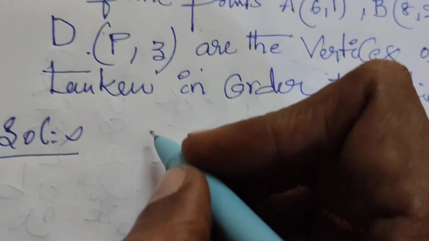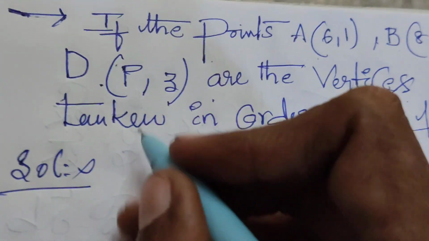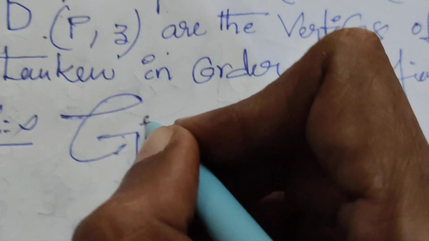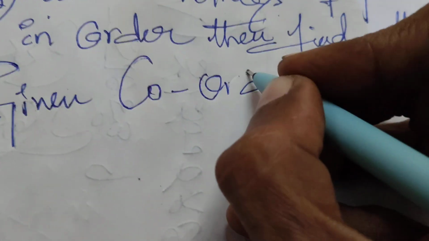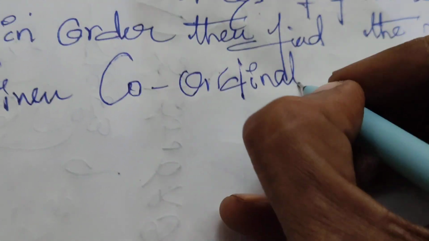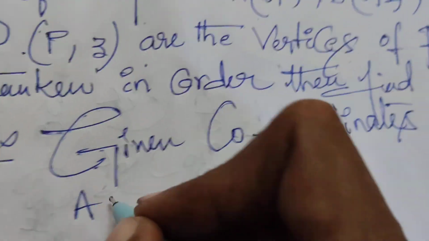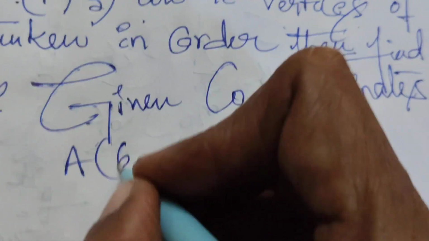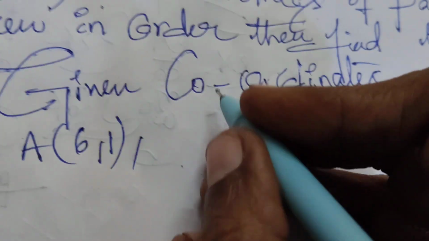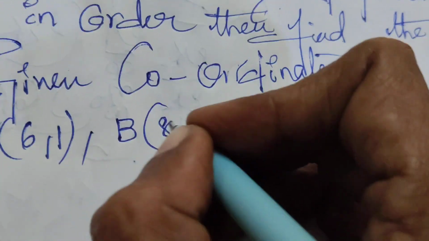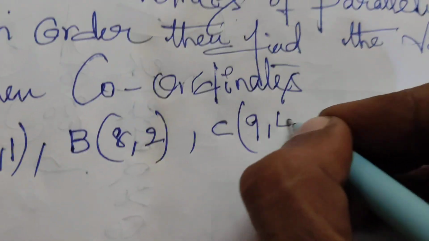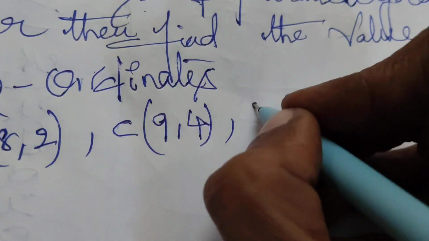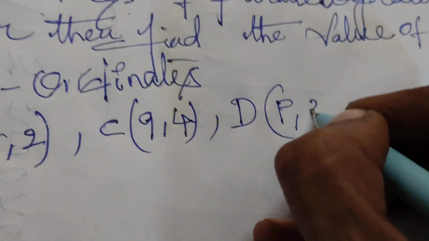First of all, consider the given coordinates: A is (6, 1), B is (8, 2), C is (9, 4), and D is (p, 3).